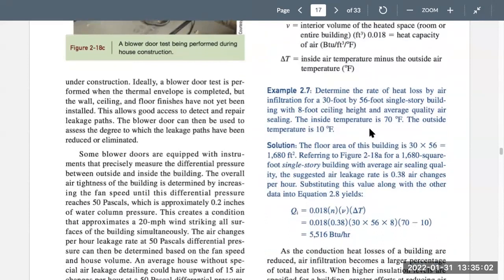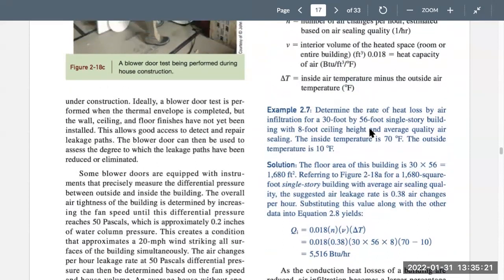So determine the rate of heat loss by air infiltration for a 30-foot by 56-foot single-story building with an 8-foot ceiling height and an average air quality ceiling. So because it has an average air quality ceiling, we're going to go all the way back up here.